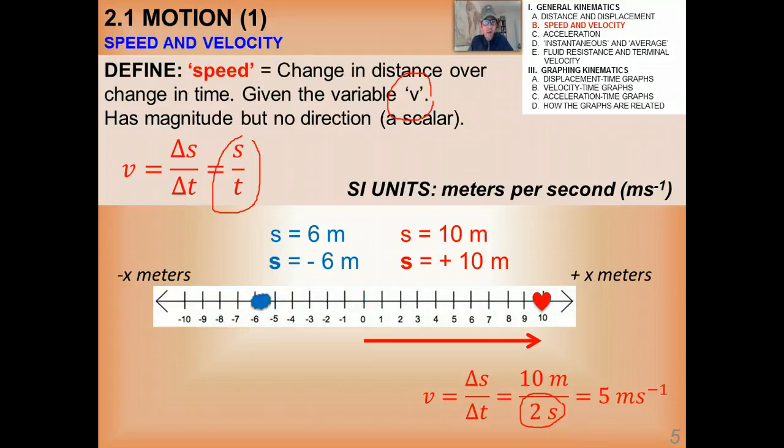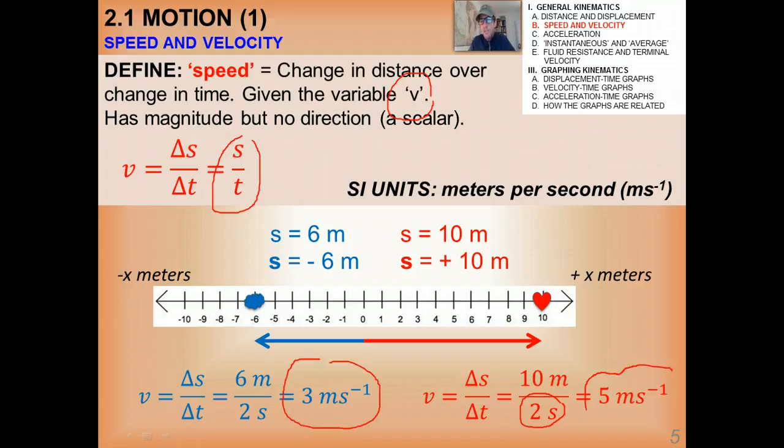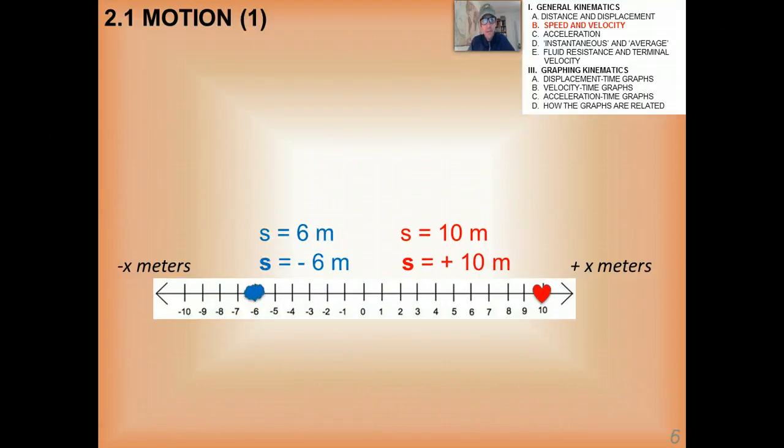Now for the blue cloud, if it covers 6 meters in 2 seconds, then its speed is 3 meters per second. Notice that neither of these expressions gives any indication of the direction in which the object is moving. That's for velocity, which we're going to talk about in the next slide.